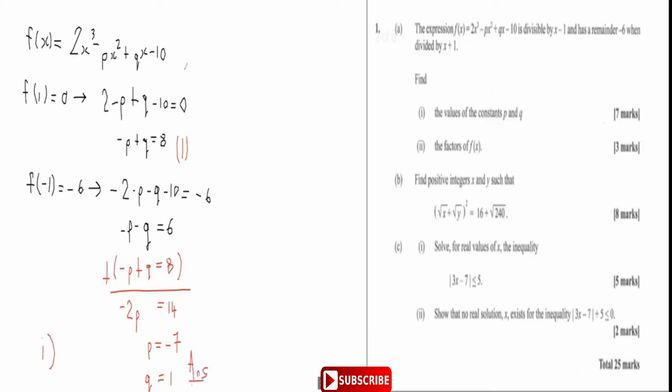Now part 2, of course, is going to ask us to factorize. All right, so let's go ahead and do part 2. For part 2, factorize f of x. Since we know what p and q are, we can rewrite f of x as 2x cubed.